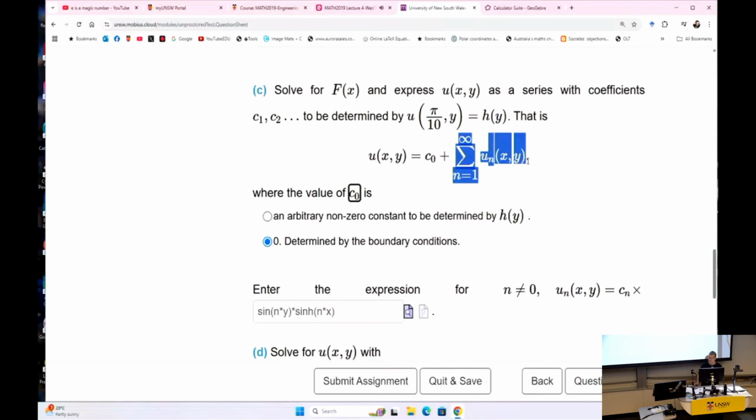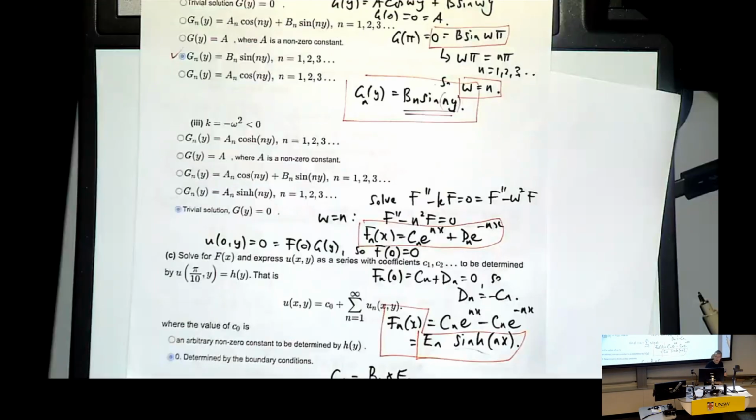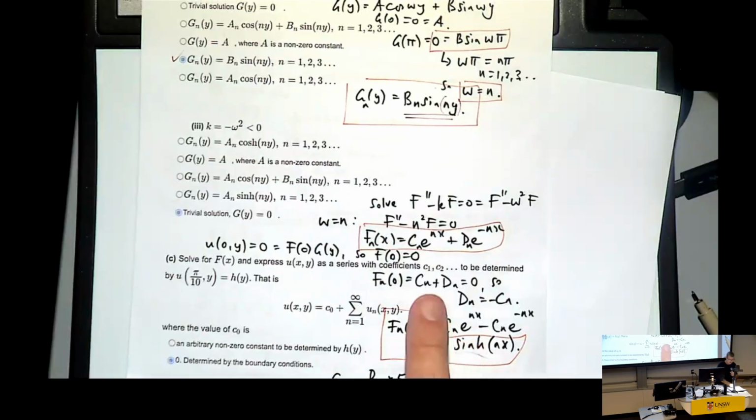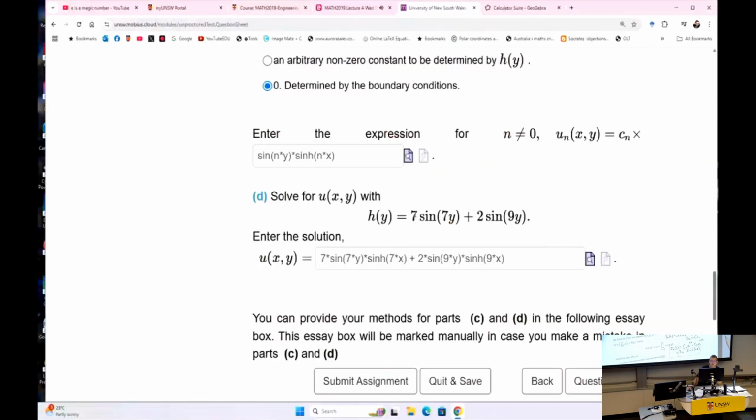Okay, I don't have the notes for the last one, but essentially what you do is, you've got this product of this with this, you add them all up, and then you compare them with this.